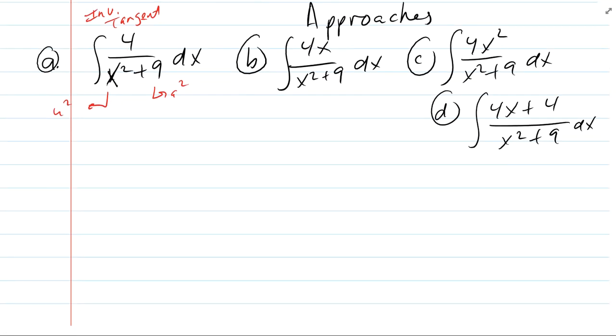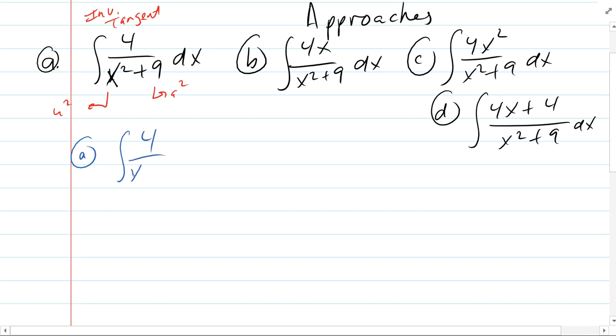So for a, we have that a is equal to 3, u is equal to x. The derivative of x is just 1. So I just have a 4 out in front. So the integral of 4 over x squared plus 9 dx is equal to 4, that coefficient. Since it's inverse tangent, it's 1 over the a.